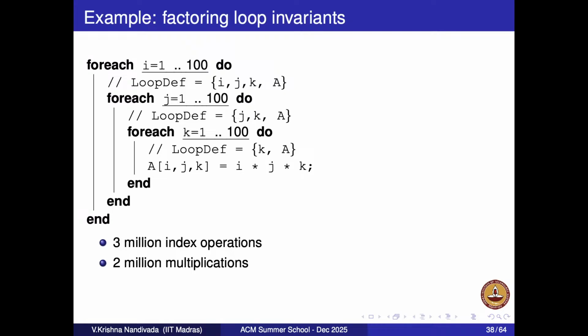Green shirt? Kshitij. What can be my loop invariant here? Loop invariant is I times J. What can I transform this to? I can calculate it outside the J loop. I'll say, let's say T1 equal to I times J and use T1 here.